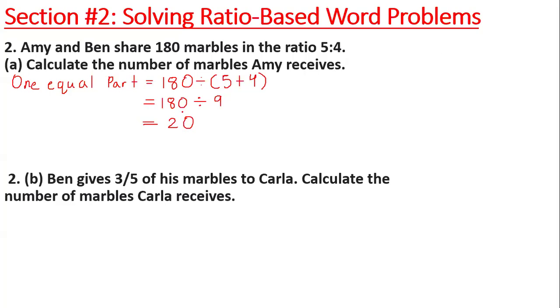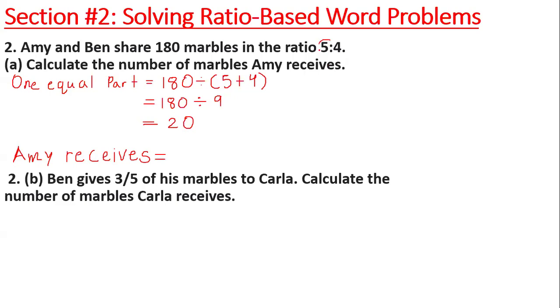So Amy's share, what Amy receives, is going to be equal to what? Class, what is Amy going to get?